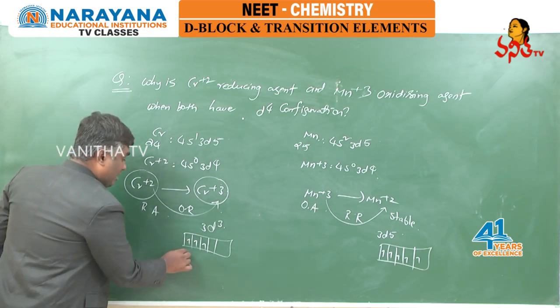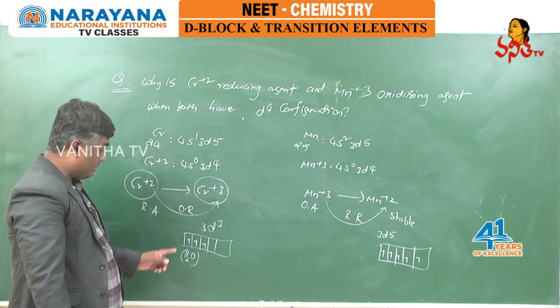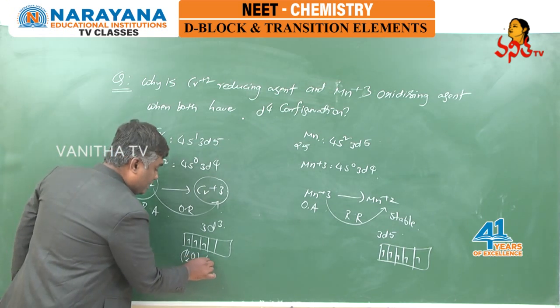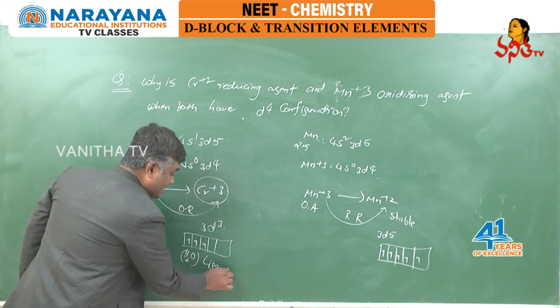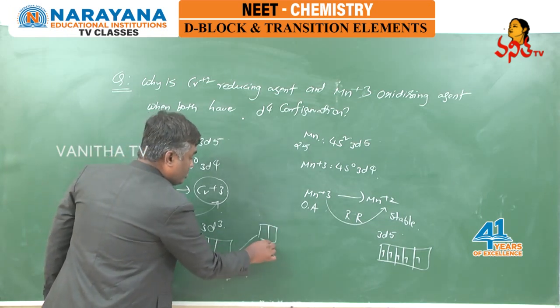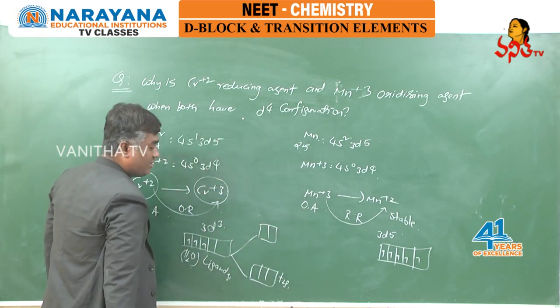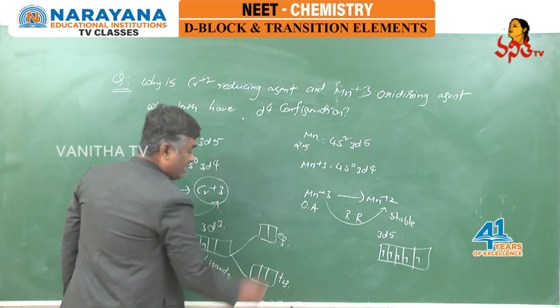But in the last class we discussed that in presence of water molecules, which can behave as ligands, the d subshell splits into two sets of d orbitals. What are they? The t2g set of d orbitals and the eg set of d orbitals.